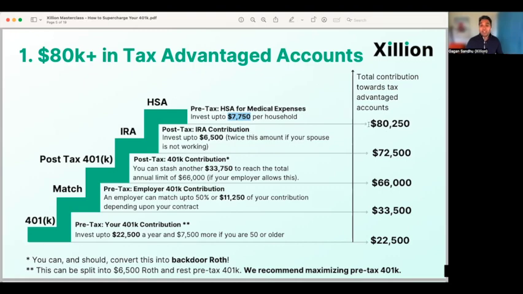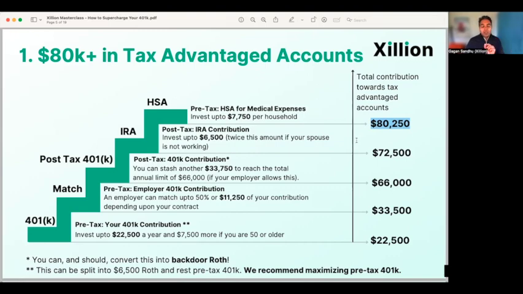Now that total is $80,250. You see, you can put up to $80,250 towards tax-advantaged accounts by following all the rules and regulations, but being aware and being smart about it.